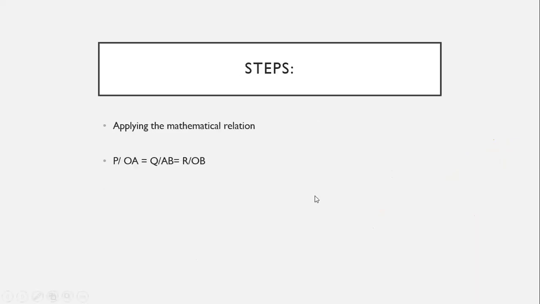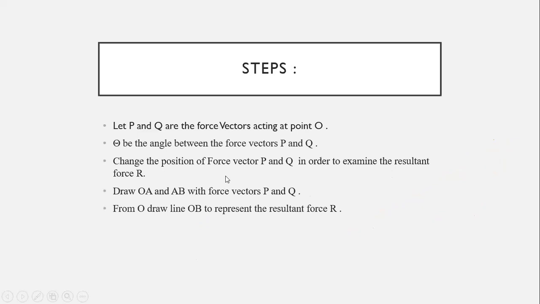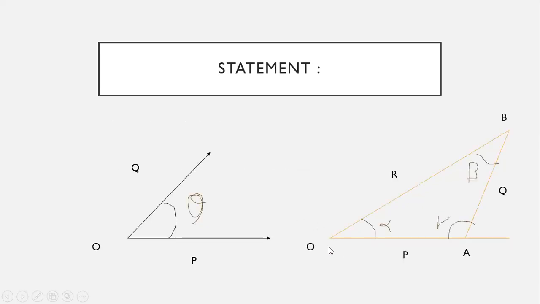Now applying the mathematical relation, this can be constructed in such a way, considering force vector P by OA. The OA represents the scaled dimension of the base side of the triangle.